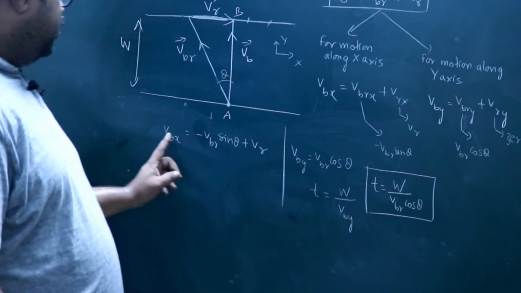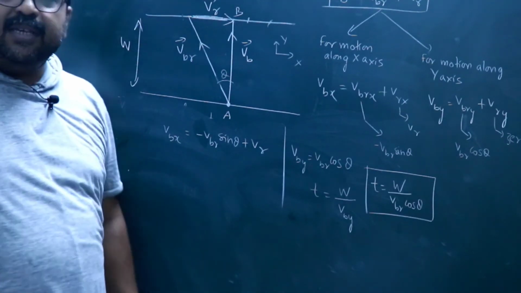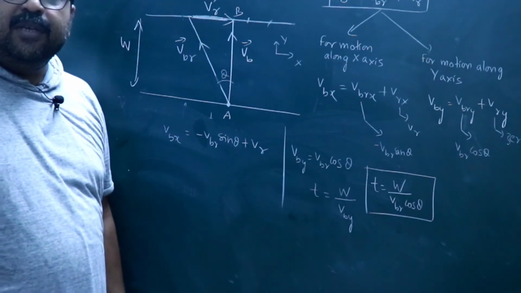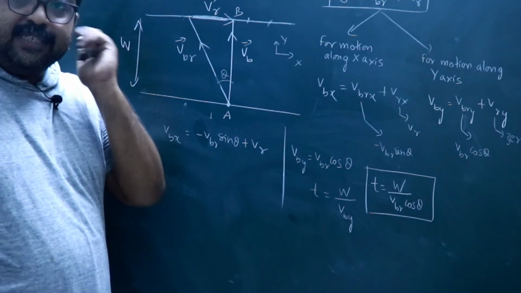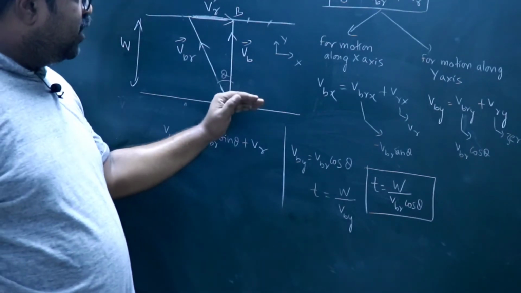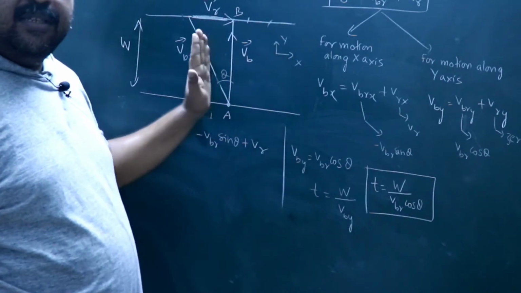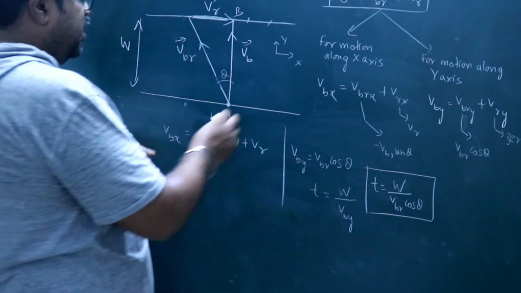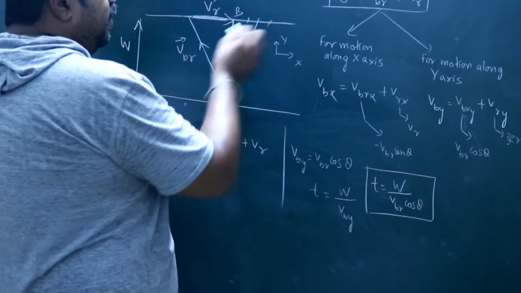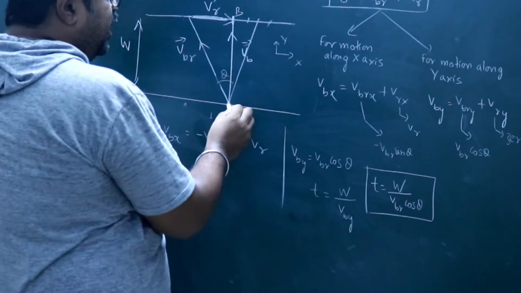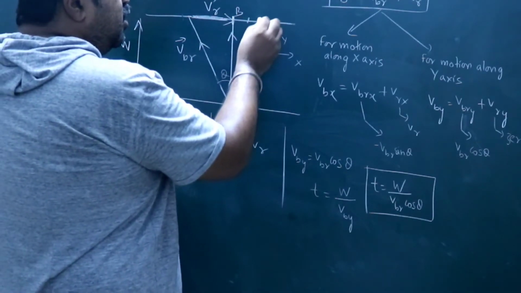Now what is this vbx? Vbx is responsible for the velocity of the boat along the x-axis. The velocity of the boat along the x-axis causes displacement along the x-axis. Because of this, the boat reaches somewhere here, suppose. This is the directly opposite point, and the boat reaches this point.